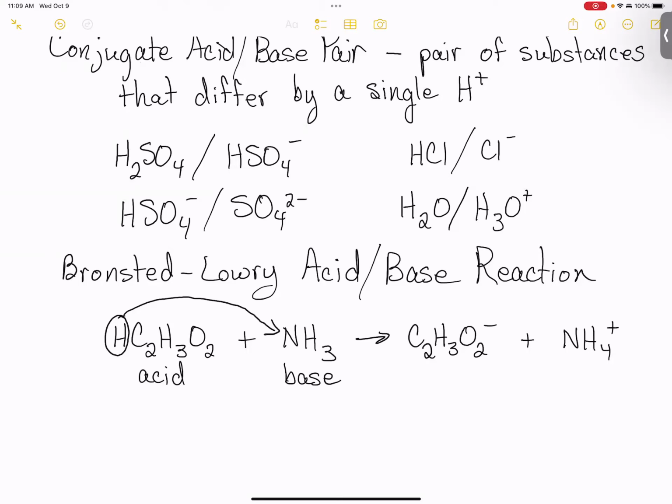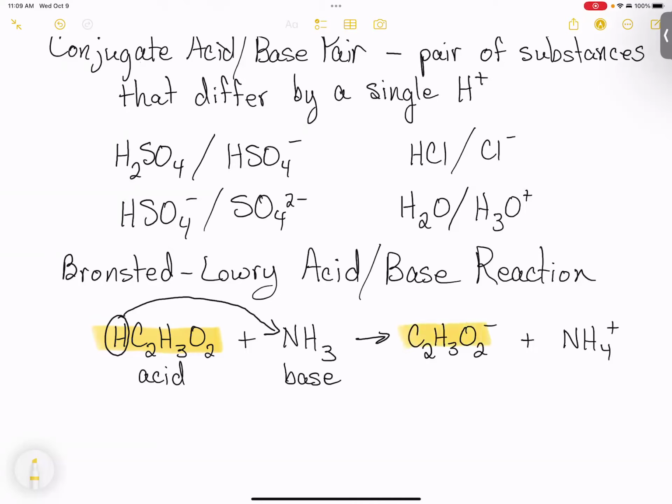Now for our conjugate acid-base pair. If acetic acid is the acid, then the conjugate base must be a substance that differs by a single hydrogen.